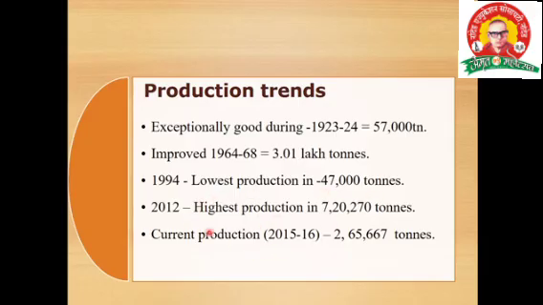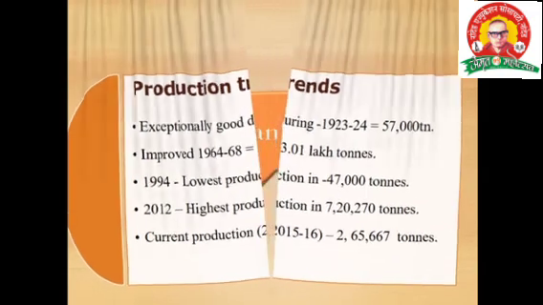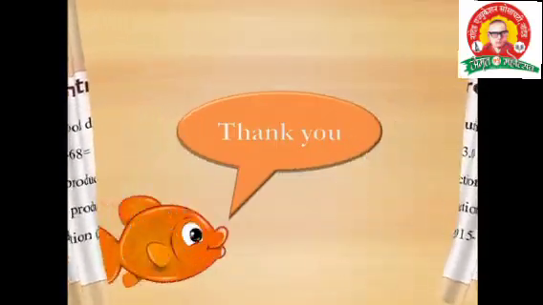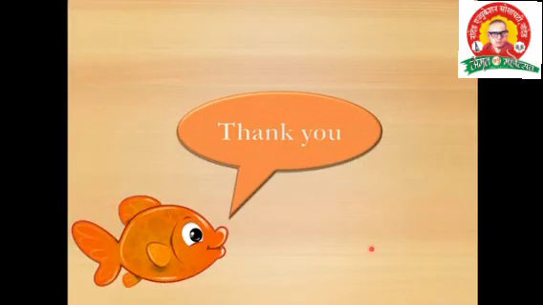Highest production was in 2012, that is 7 lakh 20,270 tons. Then high production in 15 to 16. It is old data, what I told, I'm saying that repeat and repeat. 2 lakh 65,667 tons. That is the production trends of oil sardine. Okay, all these points cover the biology of oil sardine. Okay.